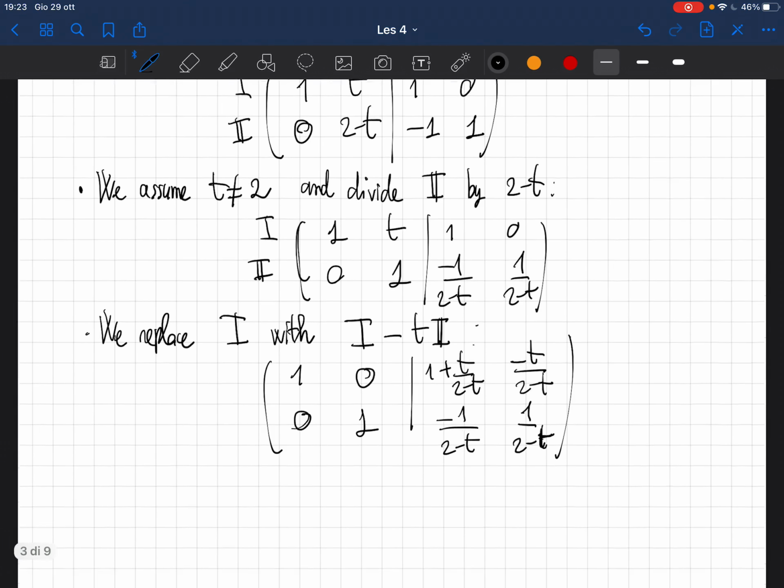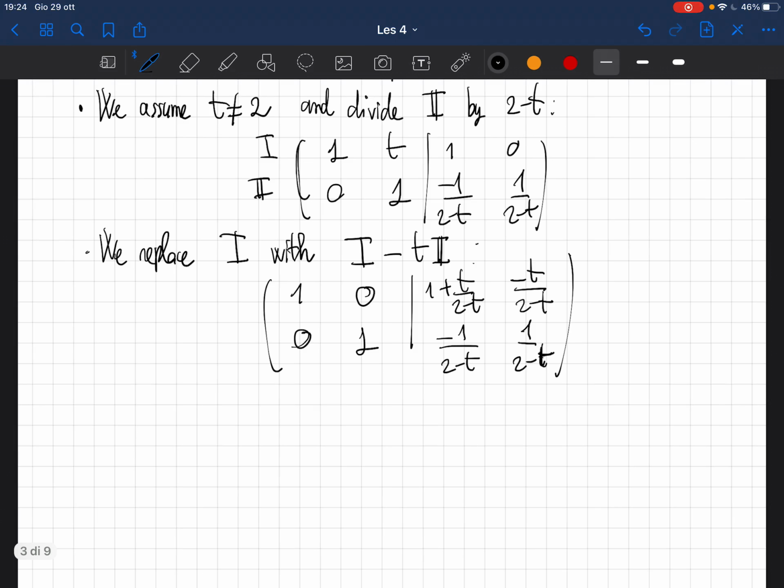Okay. So let's just compute here: 2 minus t plus t, which is then 2 over 2 minus t.